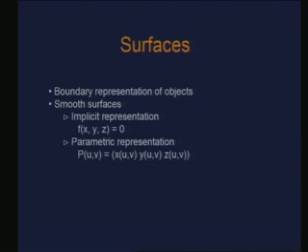So as I said, these surfaces are primarily the boundary representation of these objects, and as in the case of curves, we desired the curves to have the property of being smooth, right. For instance, just a polyline representation of a curve shape is not adequate in all situations, right.